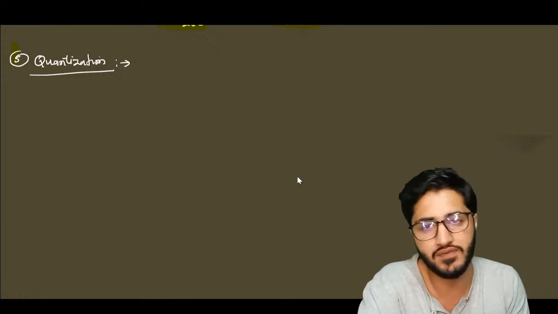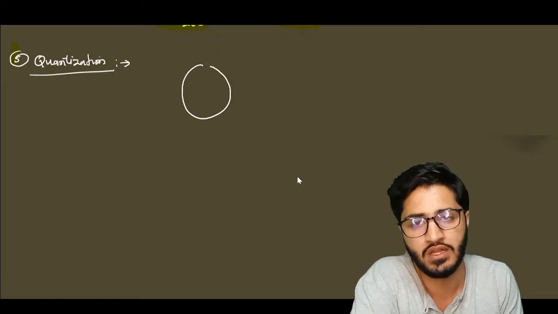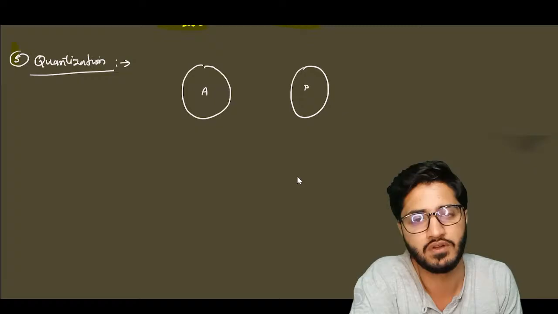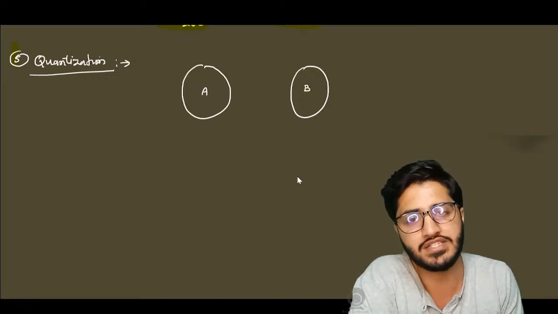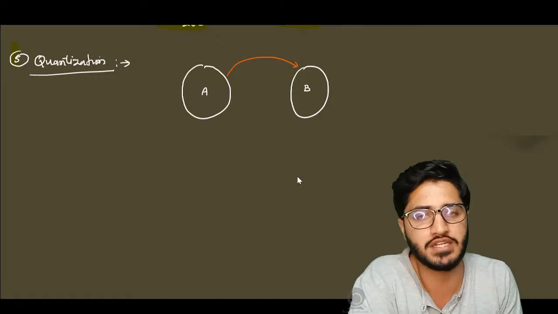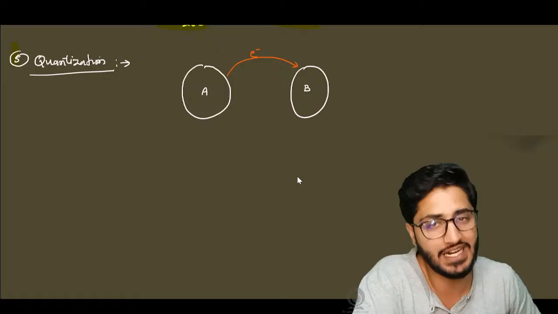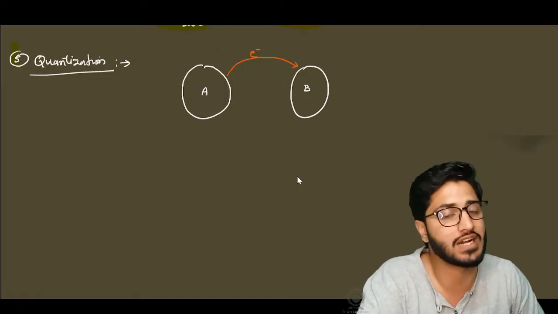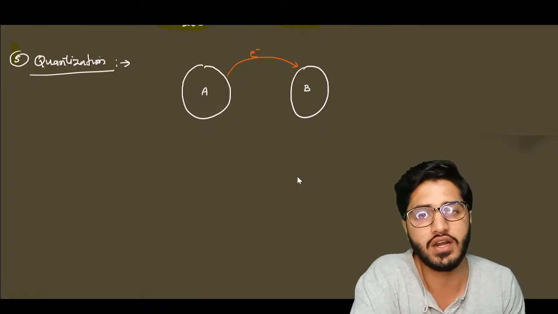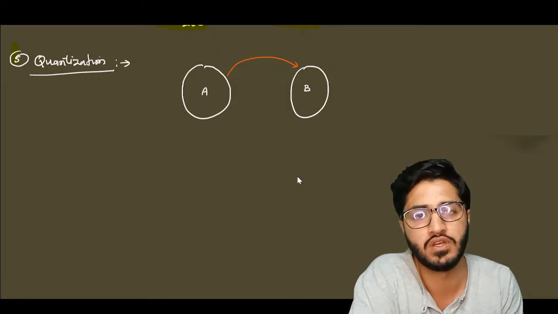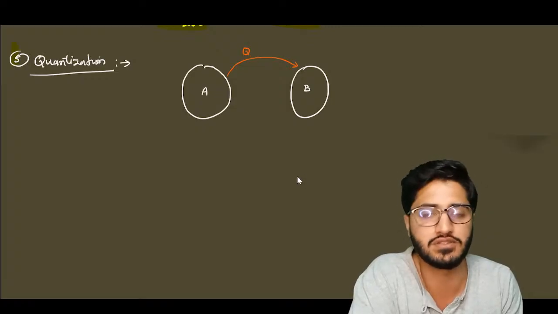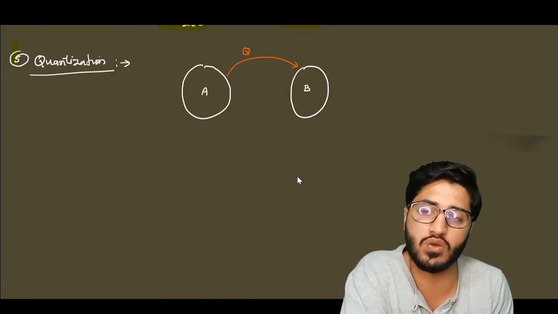That means if this is my body A, and this is my body B. Let us suppose charge flows from A to B. That means body A ejects electrons, body B receives electrons. Let us say Q is the charge transferred. Quantization guarantees that the charge will be only an integral multiple of e.